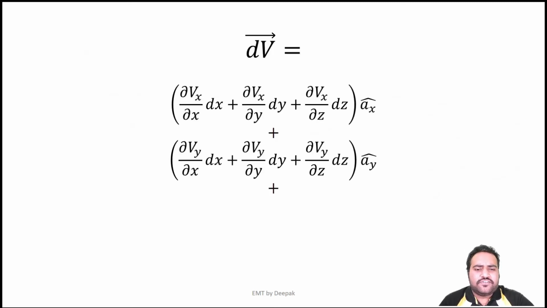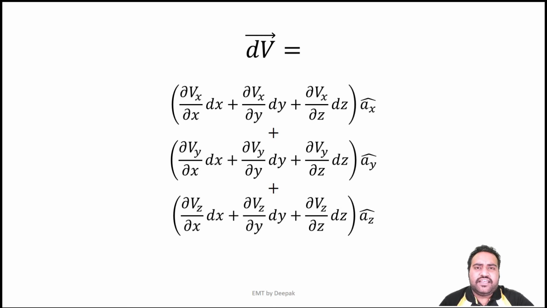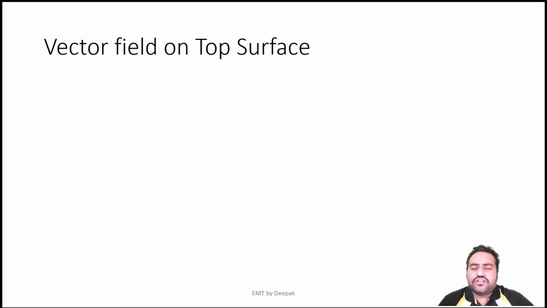So this is the expression of the change in the vector field as total. As I told you, if there is no change in other variables, I can directly substitute those non-changing variables to 0. Now let us go back to the vector field on the top surface.